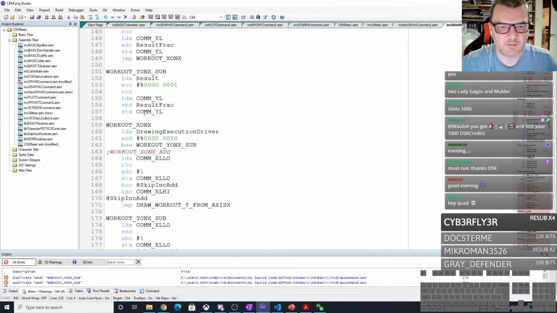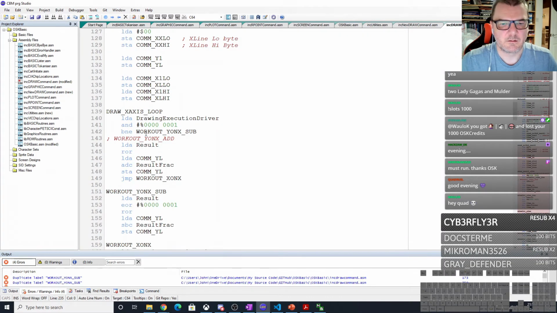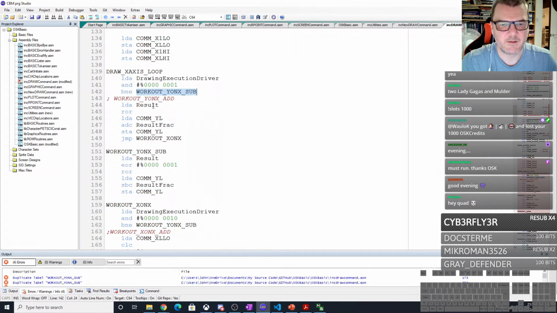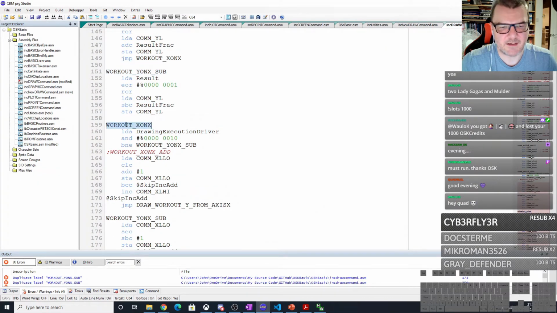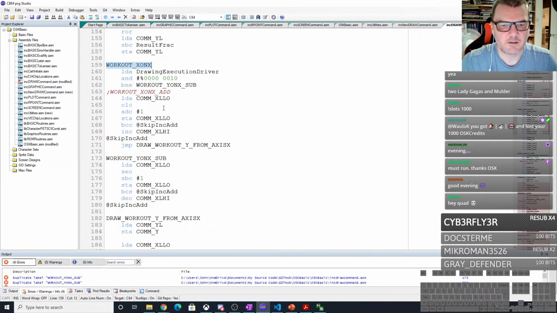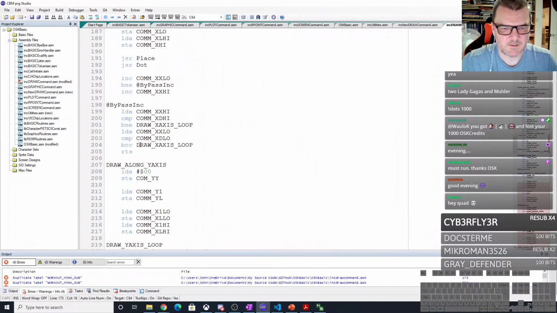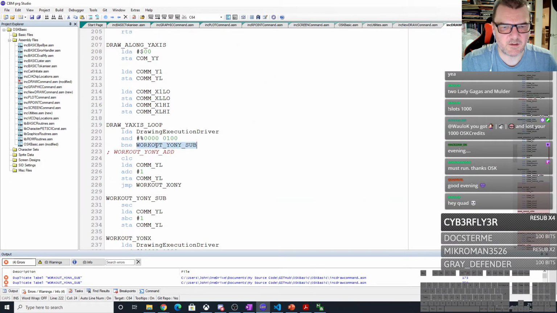Make them more. Right, drawing the x-axis. So we're working out the y on the x sub. So this is y on x. That's right. Work out x on x. Work out y on x. Yeah.